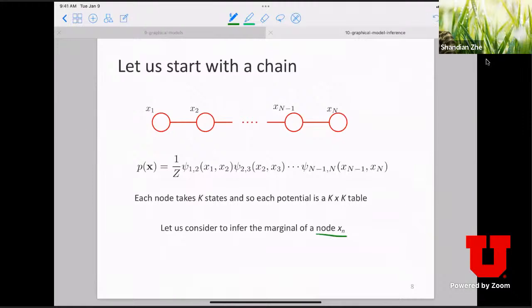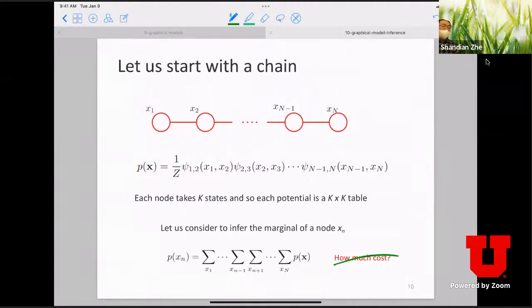We want to compute the marginal distribution of an intermediate node, say xn, small n here. Suppose xn equals 3, and I want to compute this marginal probability. If we do this naively, we need to marginalize out all the other variables, other than xn, over this joint probability. How much is the cost?